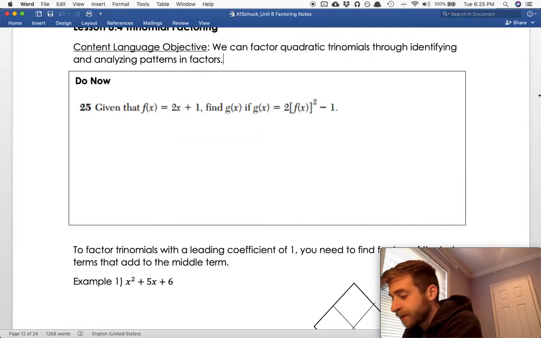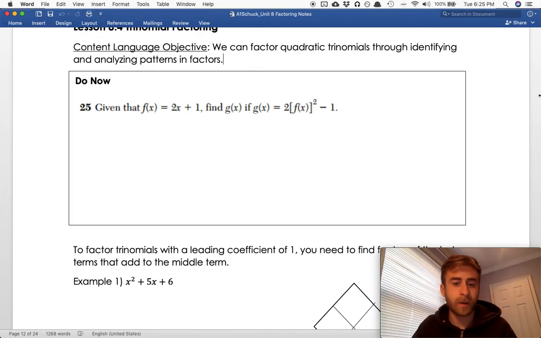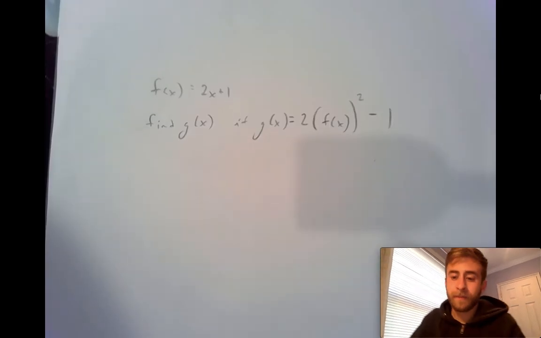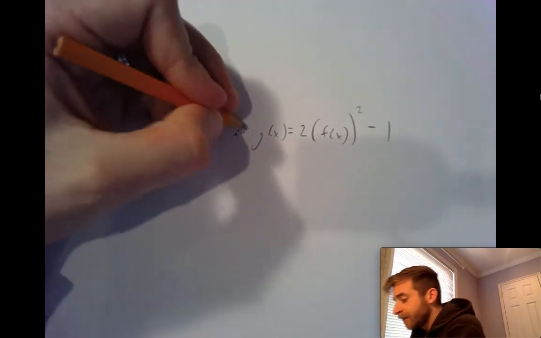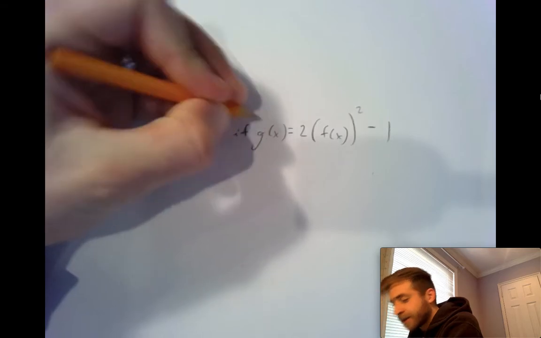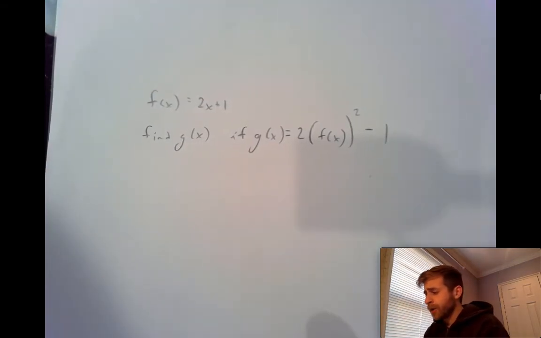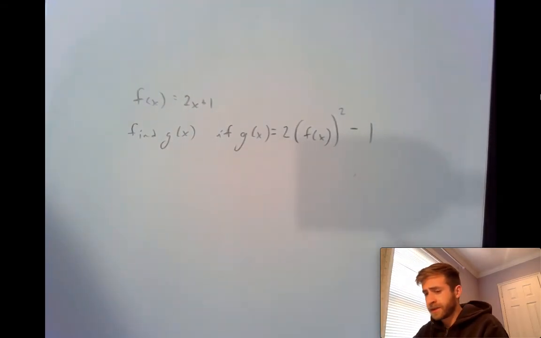Find g of x if g of x equals 2 parentheses f of x squared minus 1. I have it written down, much less neat than a computer writes it, but whatever. And we're trying to find g of x in this situation.